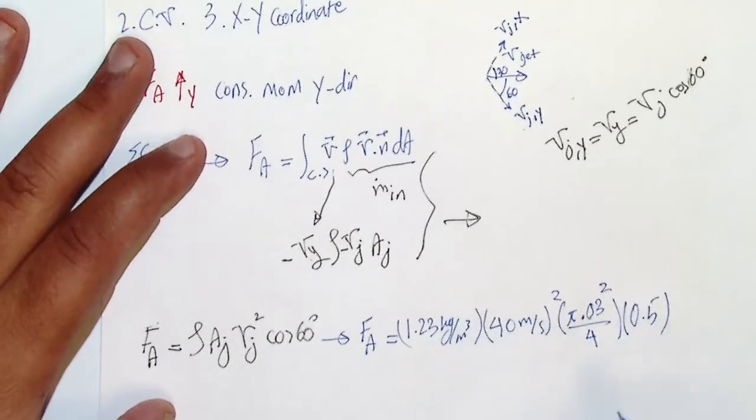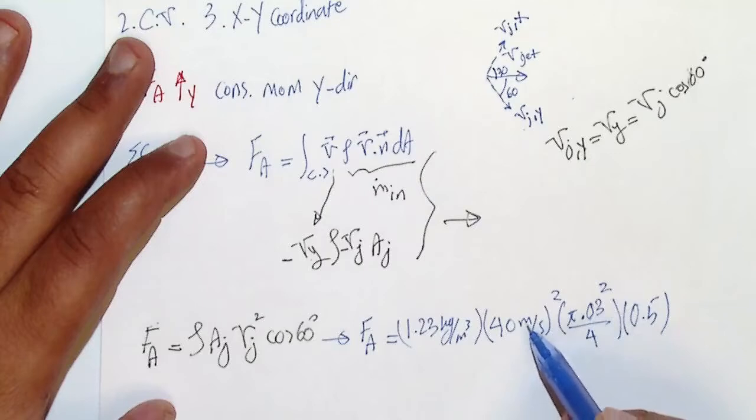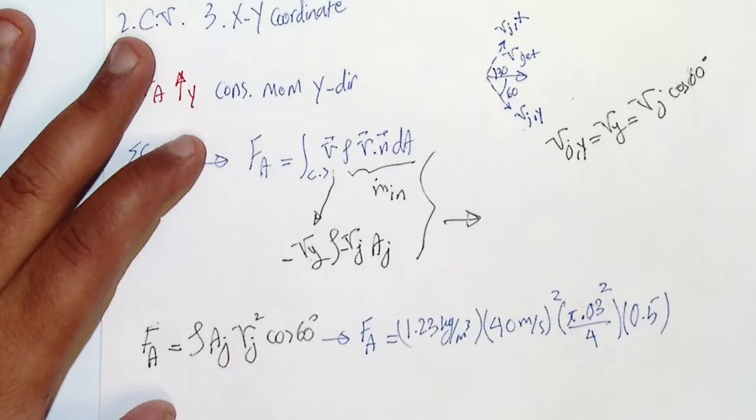So if you multiply all these 3, meter to the power of 2 is area, multiplied by meter, it is going to be meter cube. Meter cube with meter cube is going to cancel out each other. No, that's going to give you the Newton.